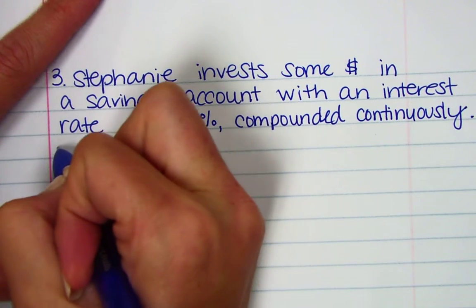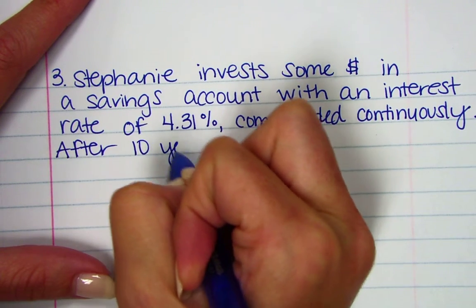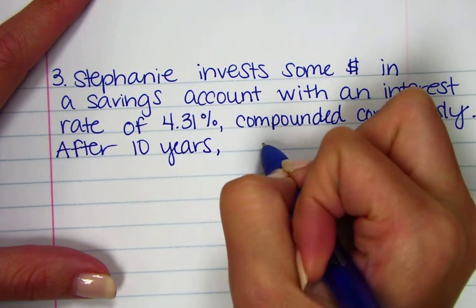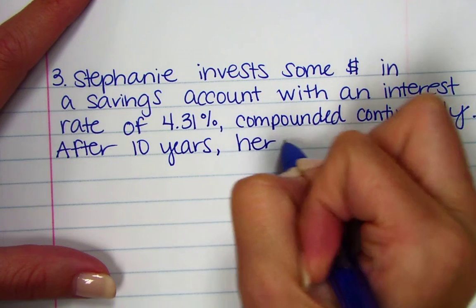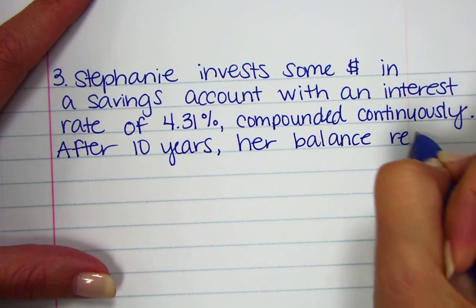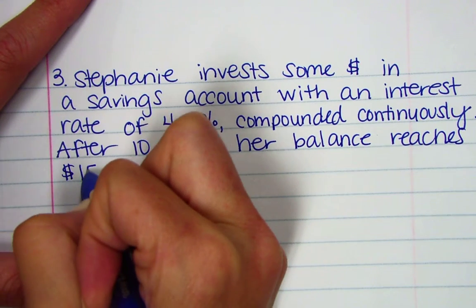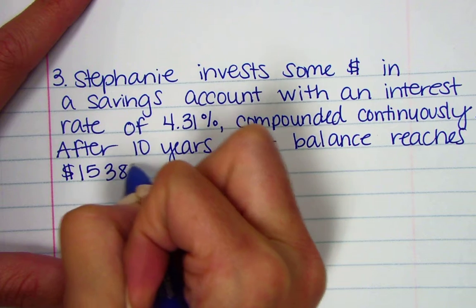And after 10 years, Stephanie's balance reaches $15,388.